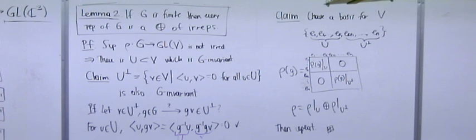So I claim that if now I write my representation matrices, if I write my linear transformations in terms of this basis, then they're all going to be of the right form. They're all going to be exactly how I drew them here.